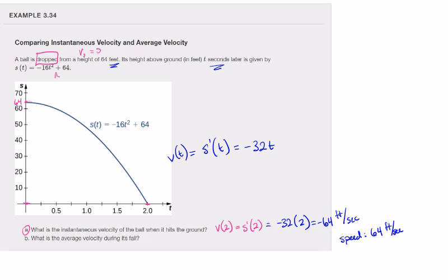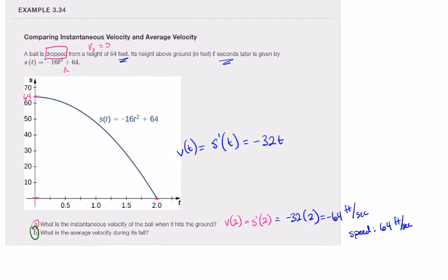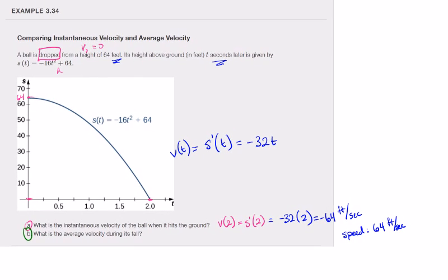Okay. All right, and then the second thing is we're asked to find the average velocity during the fall. So for average velocity, remember, we're just looking at the endpoints if we want the entire fall, and we're trying to find basically that slope right there, right? And so remember, average rate of change is f of b minus f of a all over b minus a.